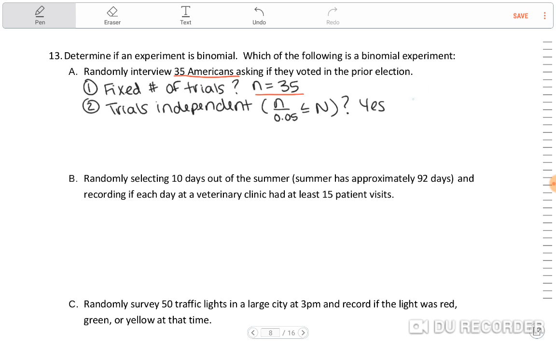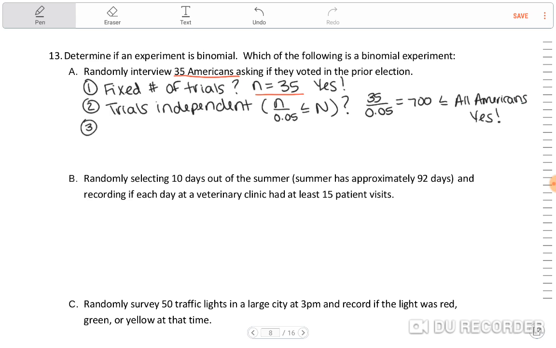I'll verify it. Yes. 35 divided by 0.05 is equal to 700. Yeah, I think that's well below all Americans. So that's a yes.